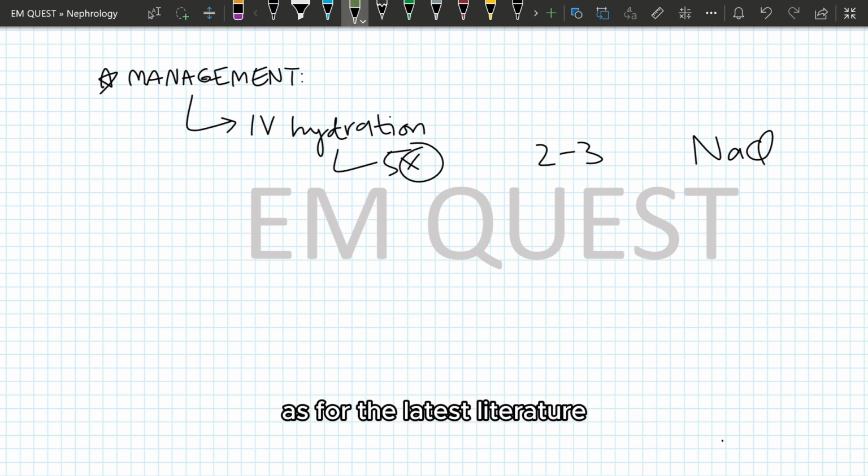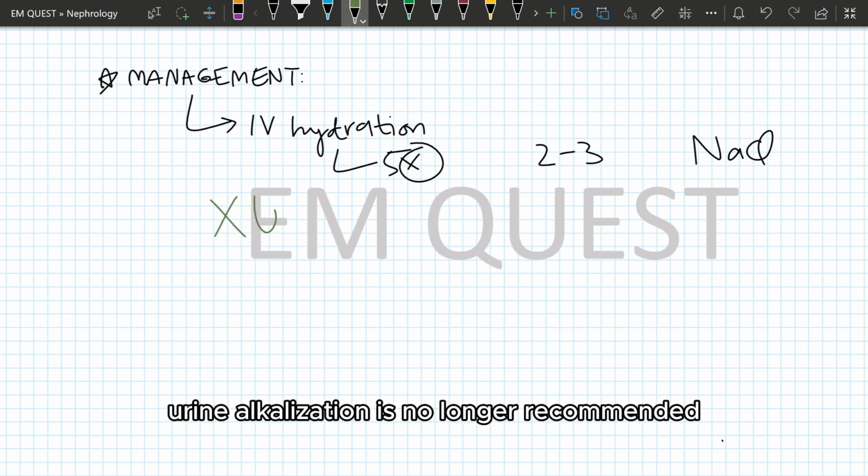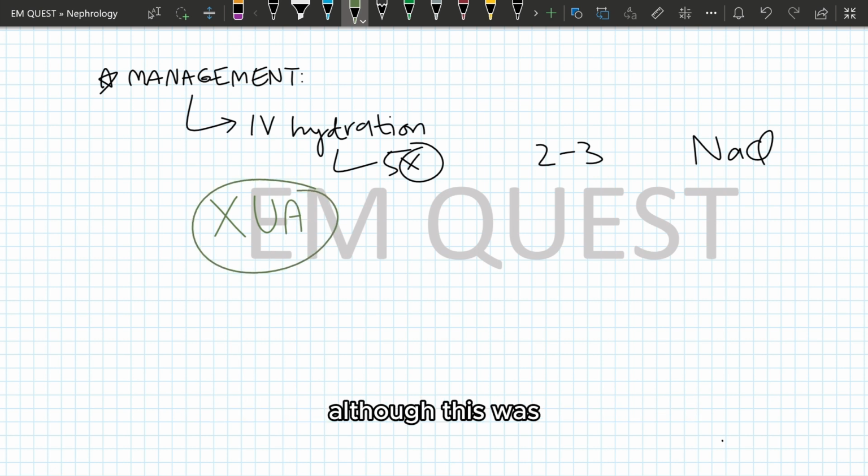As per the latest literature, urine alkalinization is no longer recommended, although this was classically done in the past with the help of sodium bicarb. But there have been lots of studies that have shown that there is no established benefit of alkalinization, and sodium bicarbonate therapy has not been proven to be superior.